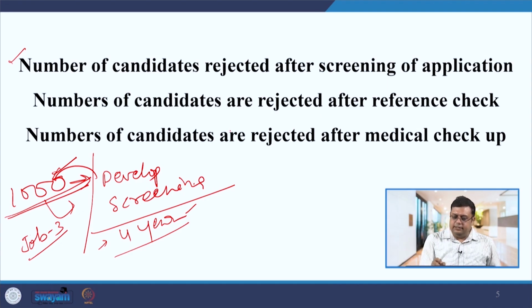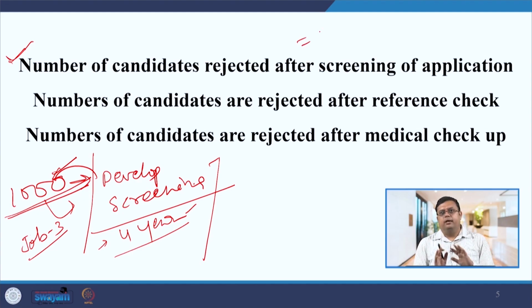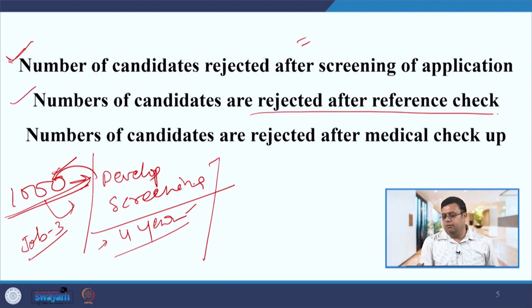So you should know that this was the screening criteria and these many people were eligible for this job. Once this selection is done, one more important thing that you should know is the rejection after the reference check.